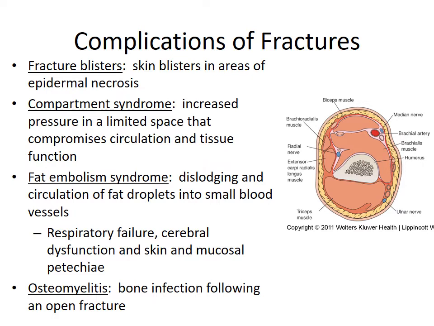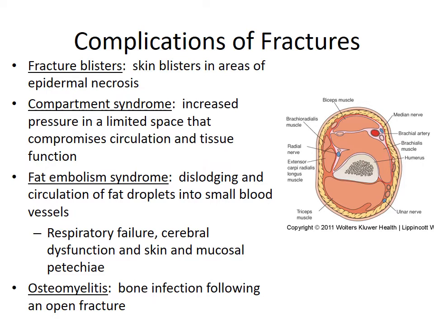So particularly if we end up with swelling due to bleeding or to the inflammation that's happening, all that pressure is going to be compressing the components that are inside this compartment here, and that can compromise the circulation. And that's what we refer to as compartment syndrome. In that case, you would need to slice it open and relieve the pressure.